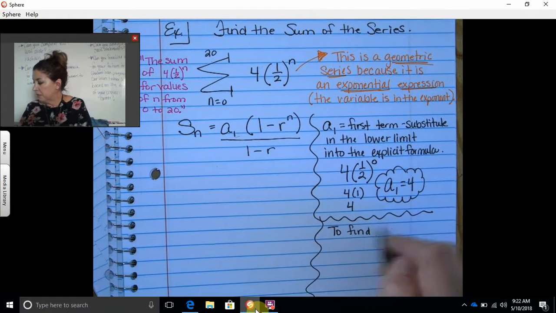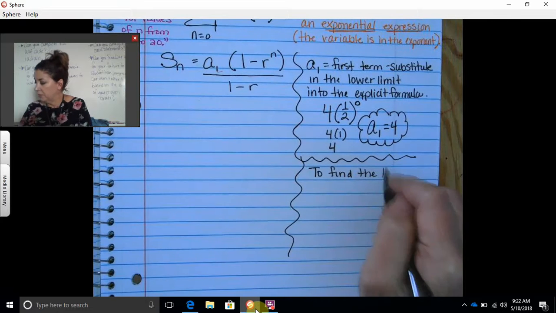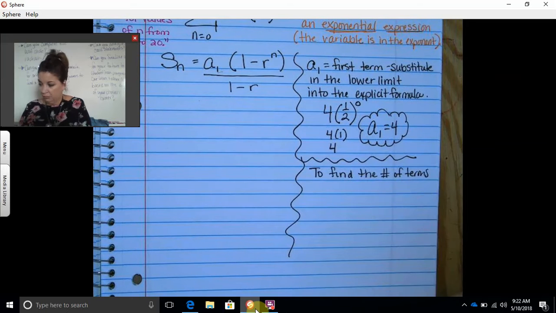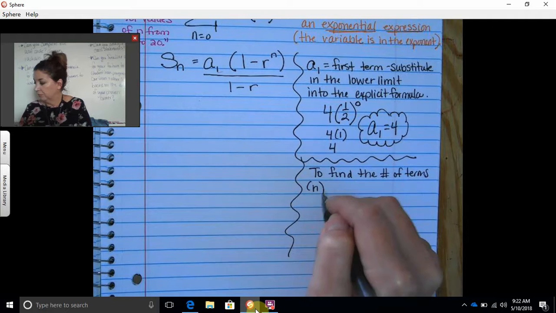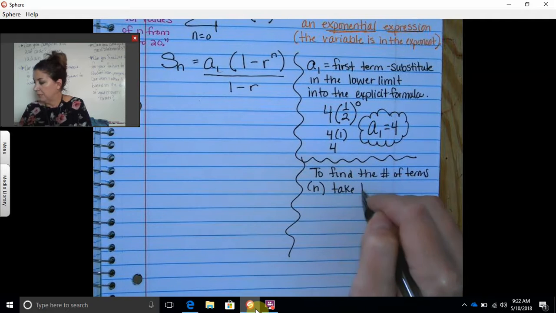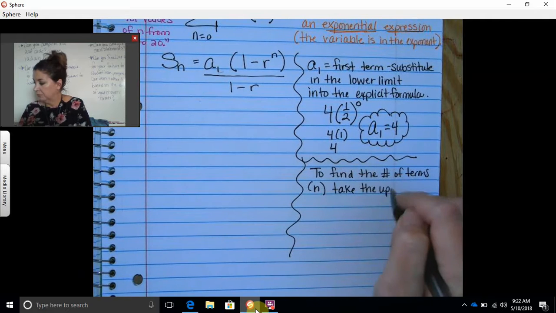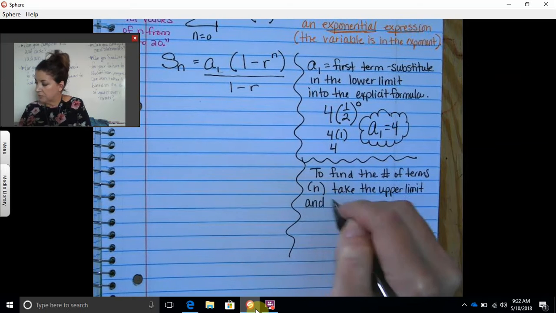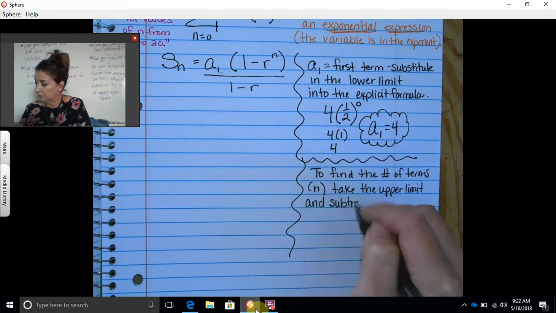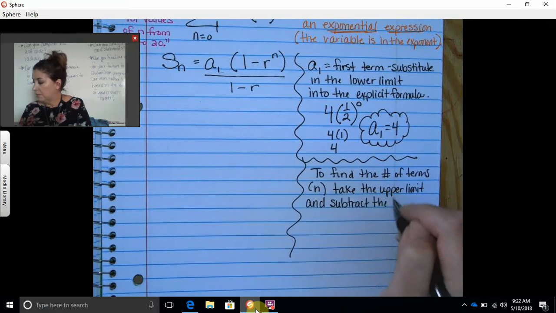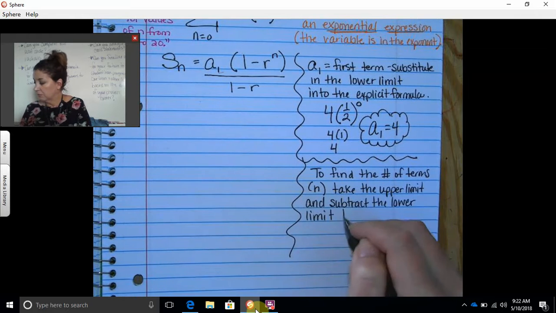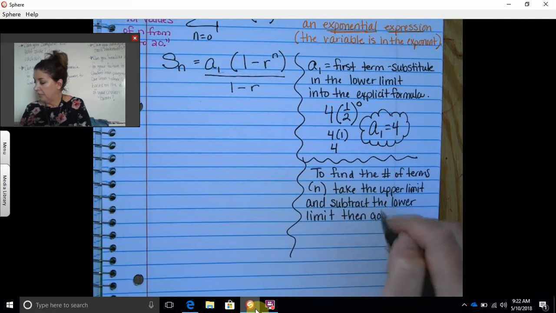To find the number of terms, and I know we know how to do this, but I'm just going to make my notes complete. To find the number of terms, which is my n, take the upper limit and subtract the lower limit, then add 1.